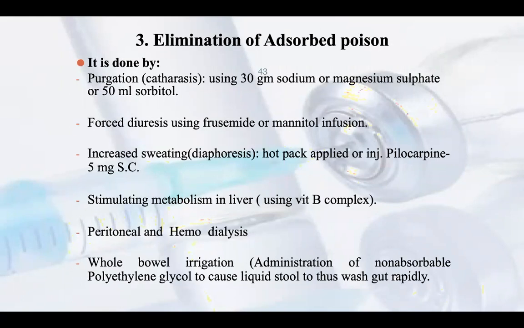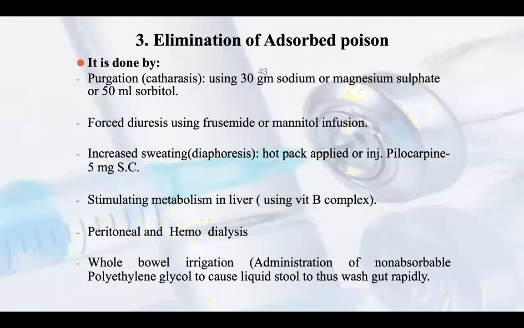Now, elimination of absorbed poisons, how is it done? It is done by purgation, catharsis, using 30 grams sodium or magnesium sulfate or 50 ml sorbitol. Forced diuresis using furosemide or mannitol infusion.